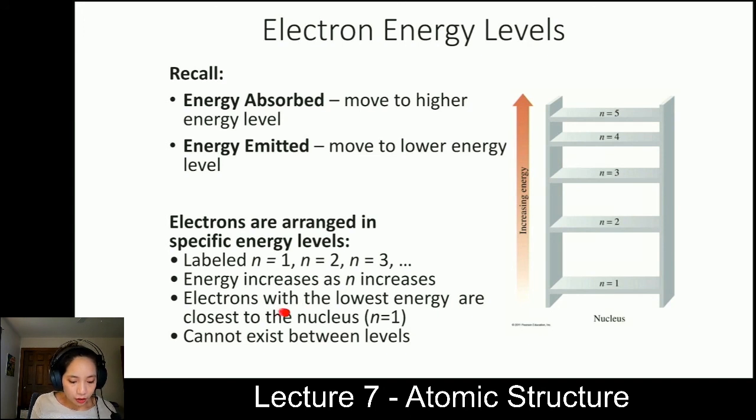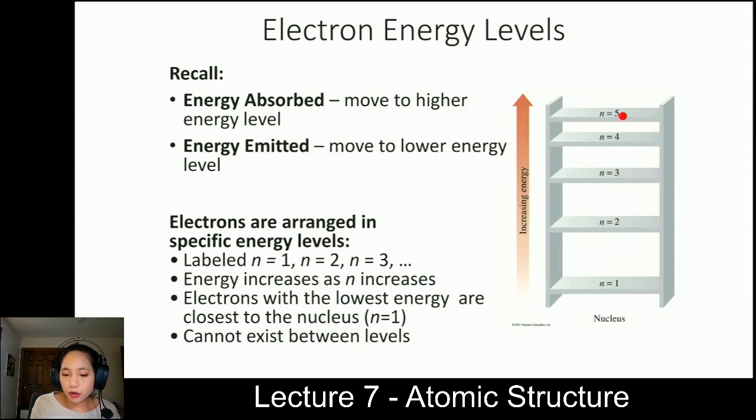And again, electrons with the lowest energy are closest to the nucleus. So that means our bottom rung, n equals 1, is closest to the nucleus. And remember, energy levels can only be these integer values, so you cannot have electrons between energy levels. They can only exist on these specific rungs. So think about this ladder analogy when thinking about electron energy levels.